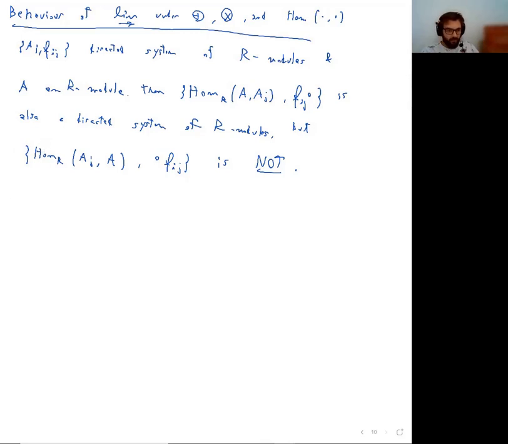And also another thing, let's say that instead of fixing A, you want to take an index also here. So you take A_j, F_ij, and B_j, G_ij, directed systems of R_i modules. So now we vary the ring as well.